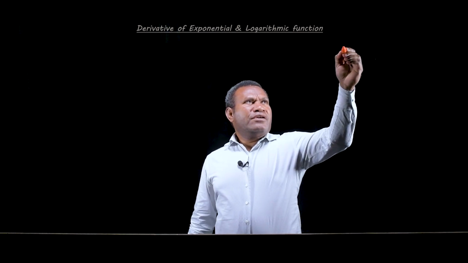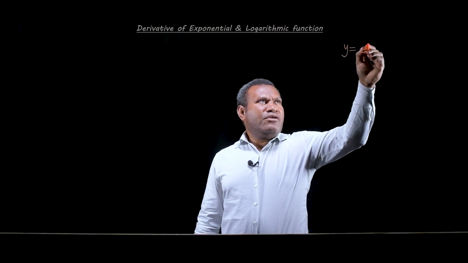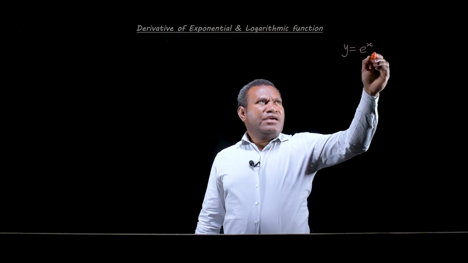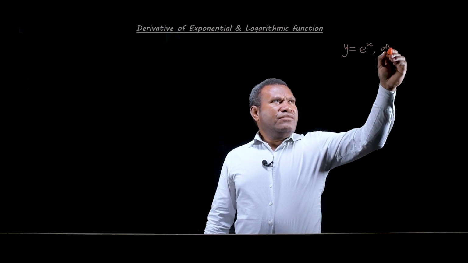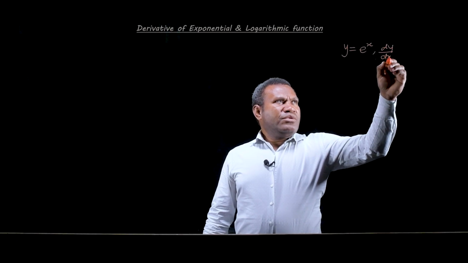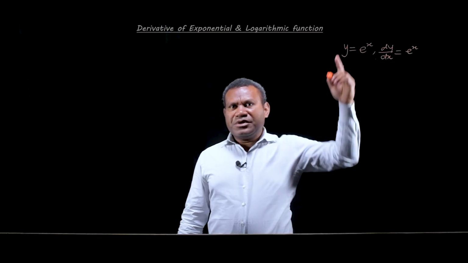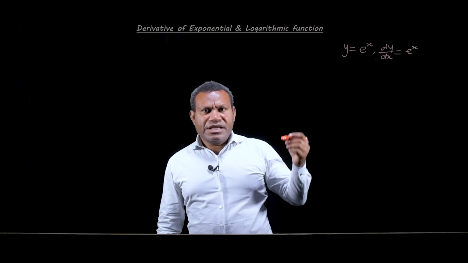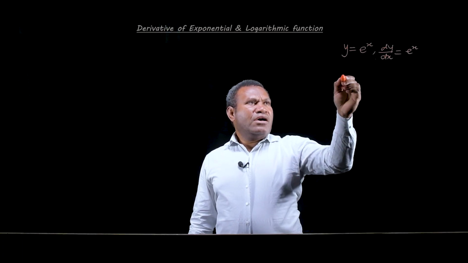If we have the function y equals e raised to the power of x, then the derivative dy over dx will be equal to the function itself, e raised to the power of x. That is the standard result that we must remember because we'll be using it.